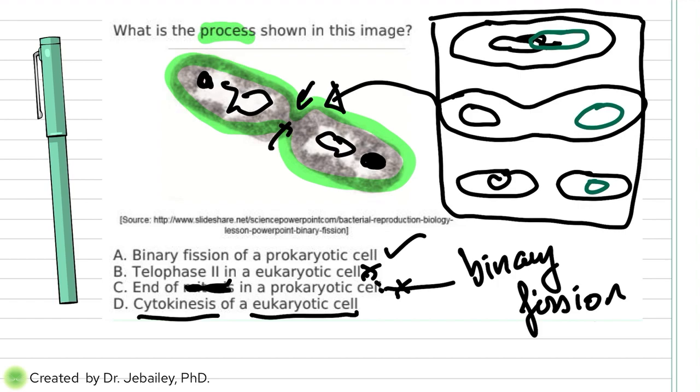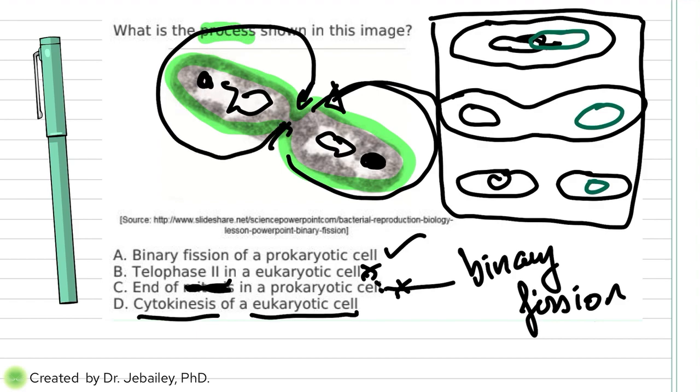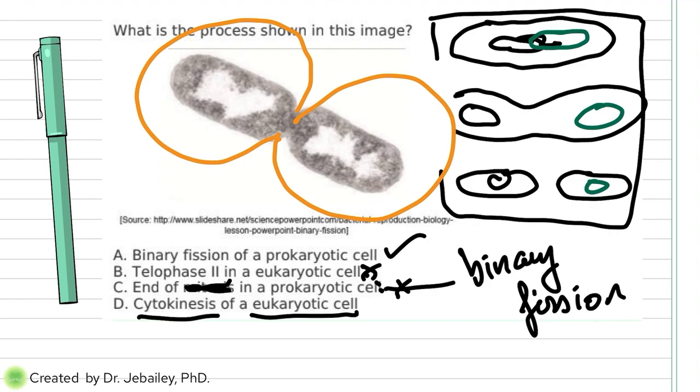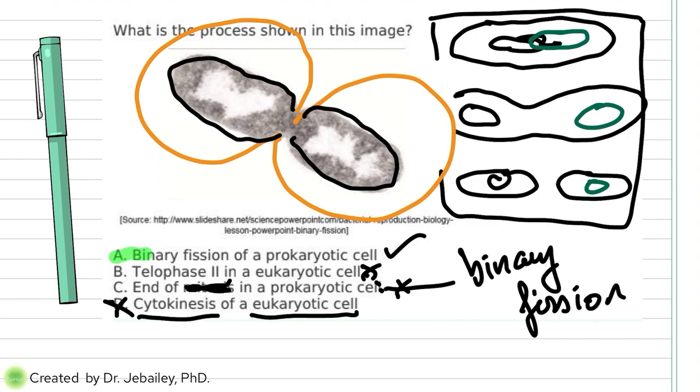But what gives it away is that eukaryotic cells are usually more rounded, like a circle, not like a rod, which in this case looks more like a bacterium. If it was eukaryotic, it would have been round. But because it is rod-shaped, this is a bacterium. So D is out of the way too. The only answer is binary fission of a prokaryotic cell. So the answer is A.